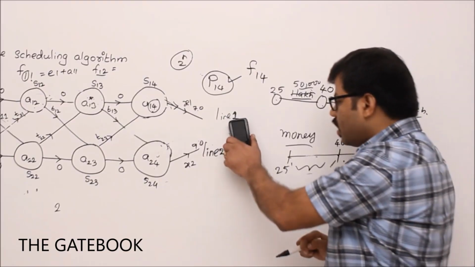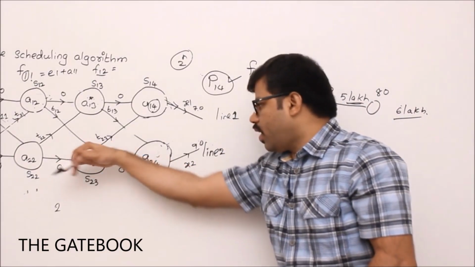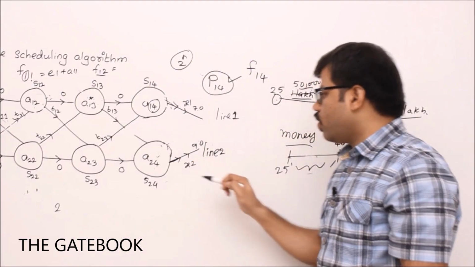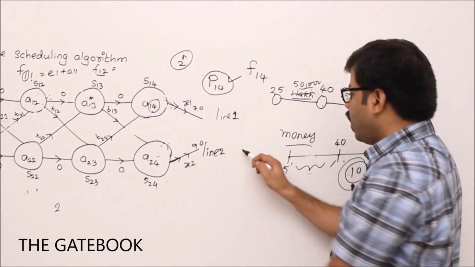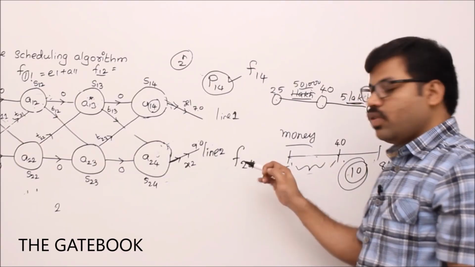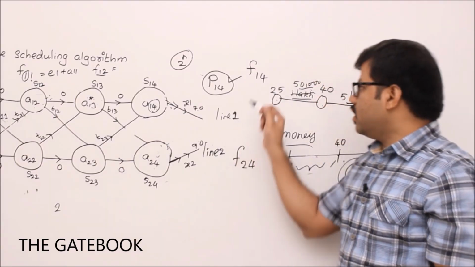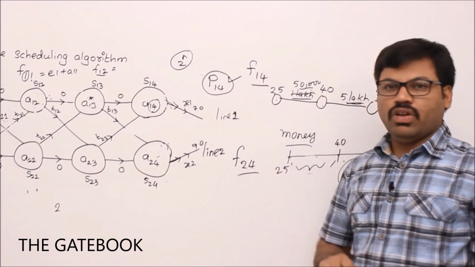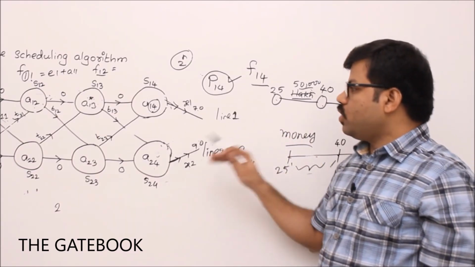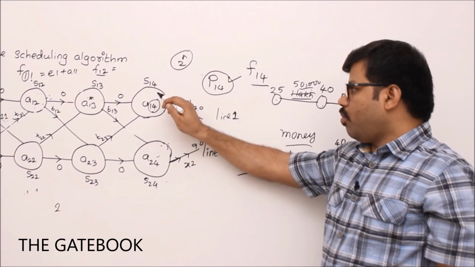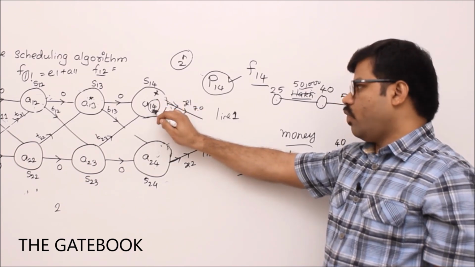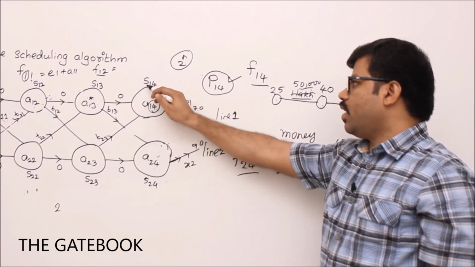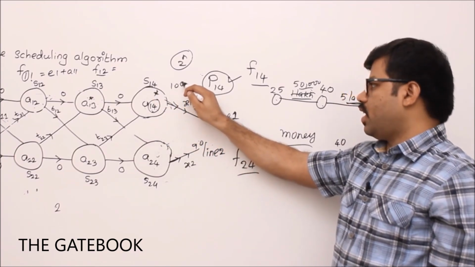So what is the minimum cost path among all the paths which are going through S14? What is the best path? We are denoting it by F14, and for S24 by F24. Of course, we don't know the value, but we are just denoting. We are going to find out the value. Let's say somehow you got it. That means you realize that among all the paths which are touching S14, the best is 100 rupees. There is no better way.